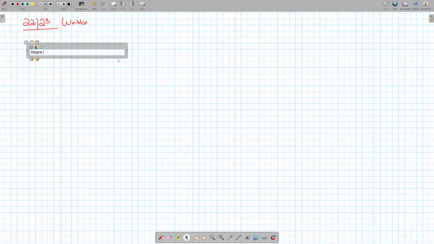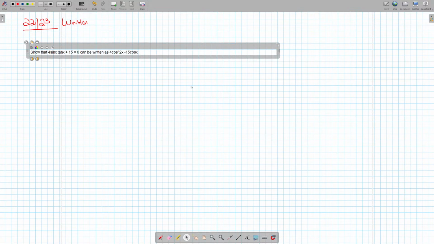Okay, show that 4 sine x tan x plus 15 equals 0 can be written as 4 cosine squared x minus 15 cosine x minus 4 equals 0.